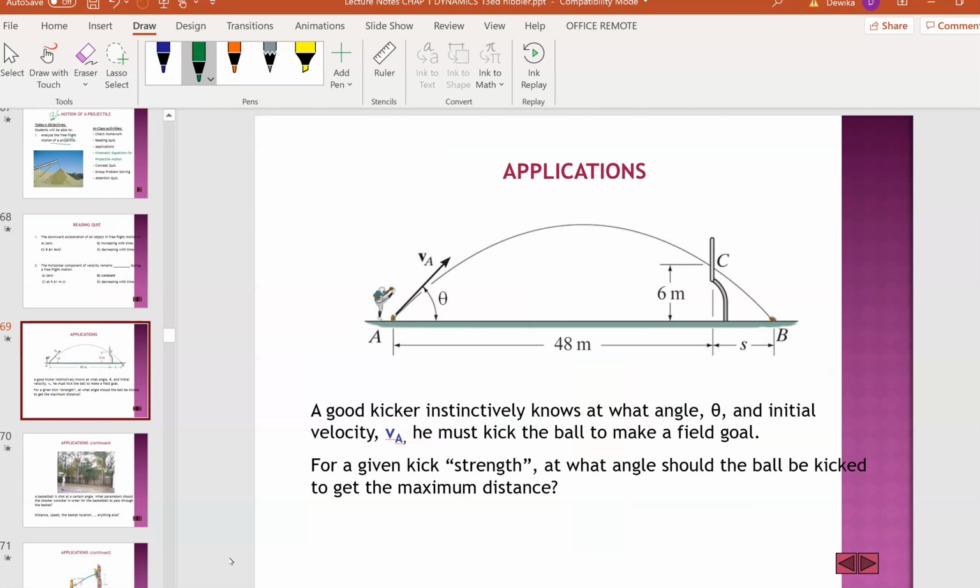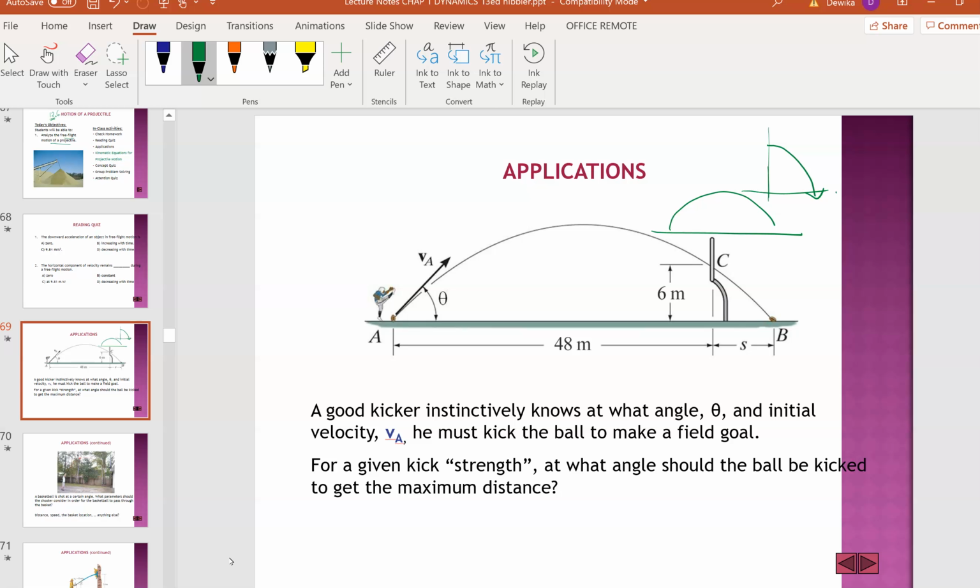So let's look at the application. The application is quite a number of sports using projectile. Like this one is American football, I guess, or rugby. Football also, and tennis also, badminton also. Whatever that you launch, it goes in a projectile motion.